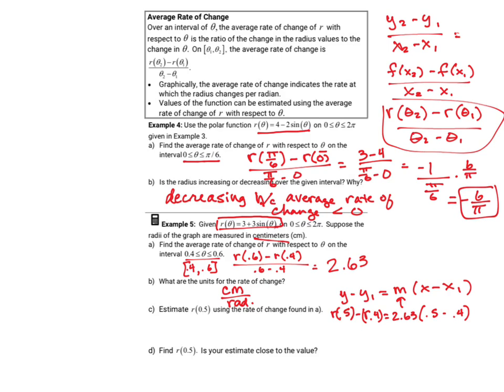Y2 minus Y1, or Y minus Y1 equals M times X minus X1. And my X values are 0.5 and 0.4. And my Y values are R of 0.5 and R of 0.4. So R of 0.5 is going to equal 2.63 times 0.5 minus 0.4 plus R of 0.4.